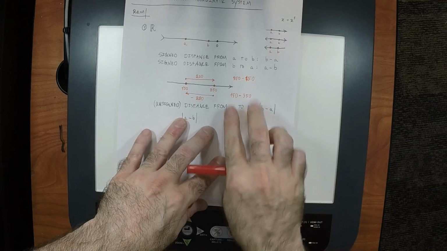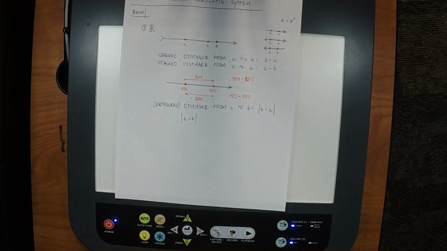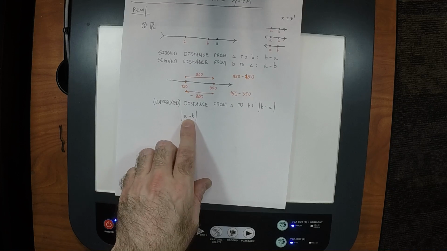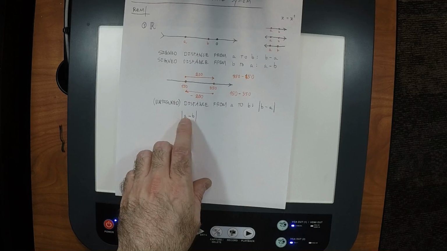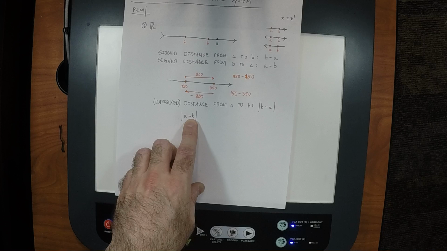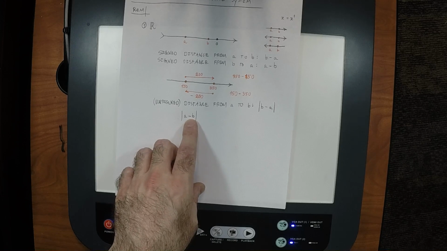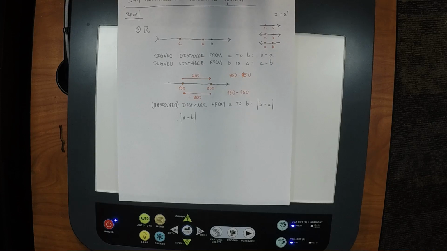Right? The same two numbers, but just subtracted in the opposite order. So concerning this A minus B, it might be the case that in that order it's negative, but in the other order it's positive. So we're going to get to absolute value in the following kind of way.